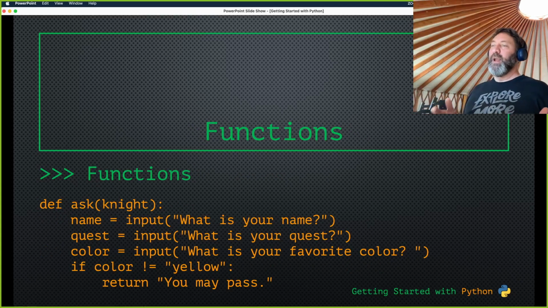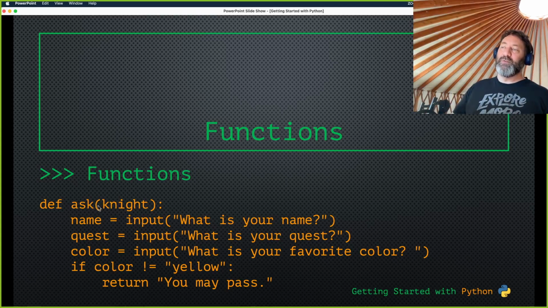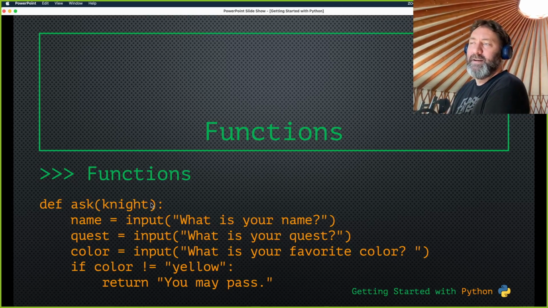A function is a group of code that exists together. It starts with the def keyword. It has a function name, and then it has 0 or more parameters. That's what's in the parentheses here. You might say, well, the parentheses are used for a tuple. That's an interesting point.